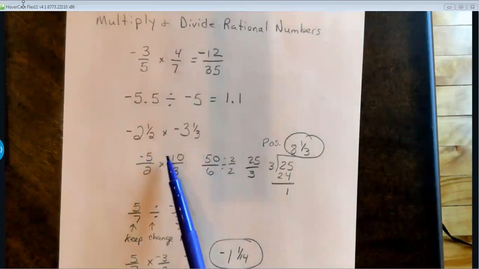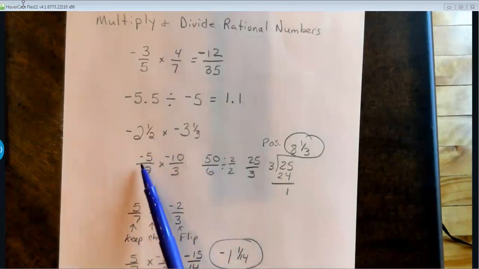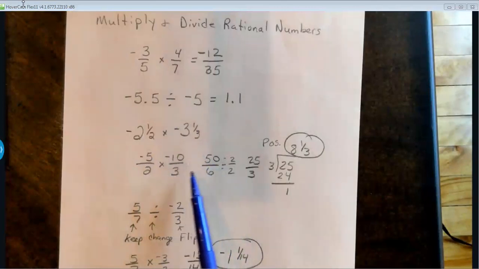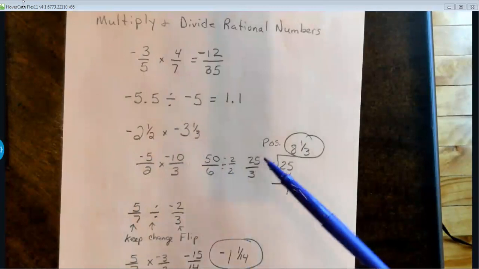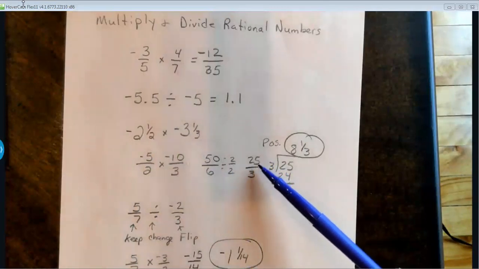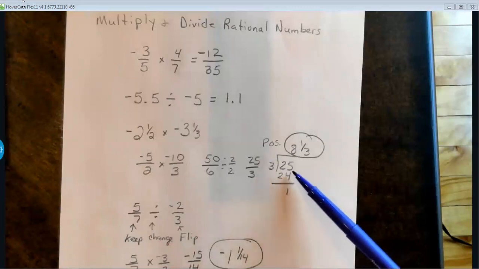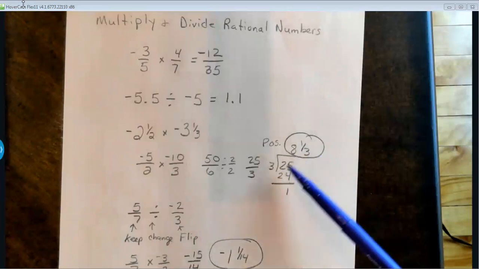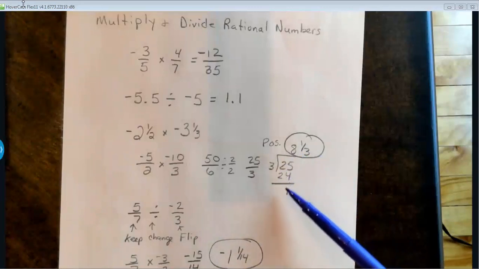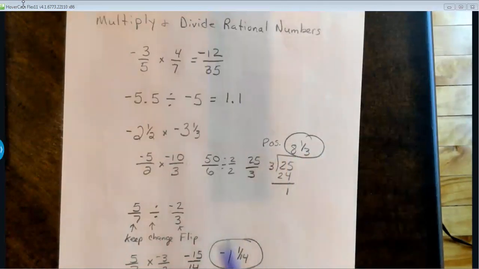And I have two negatives involved in multiplying. Even number, answer is going to be positive. 5 times 10 is 50. 2 times 3 is 6. I can divide both those numbers by 2 to simplify to 25/3, and then I do 25 divided by 3 to get it back into a mixed number. Goes in there 8 times, that's 24, 1 left over. Again, a positive 8 1/3.